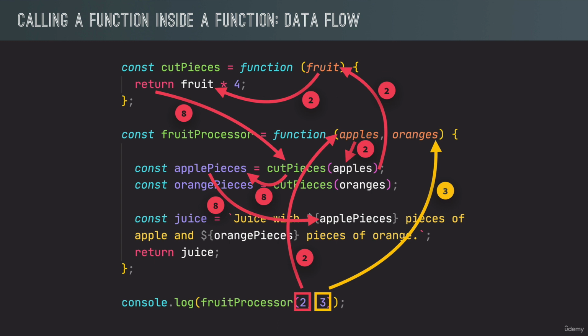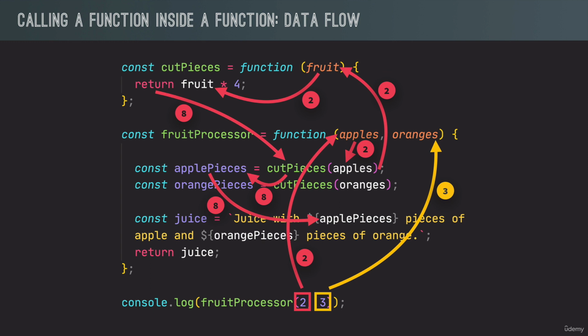Okay? So take a moment and analyze exactly how the data flows from one function to another, because I know that it can be a little bit confusing, especially calling the cut pieces function here without a tangible number. So we're calling cut pieces here not with an actual number that we wrote ourselves, like 2 or 3, but really with the argument that we received into fruit processor.